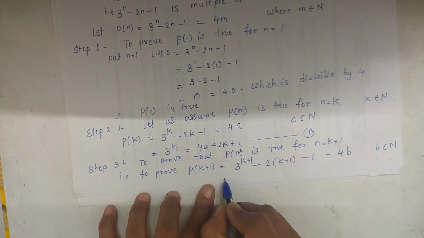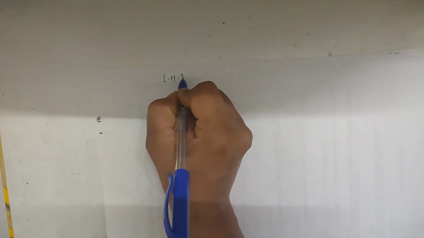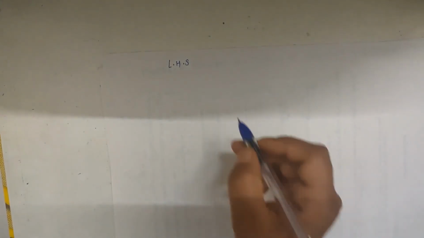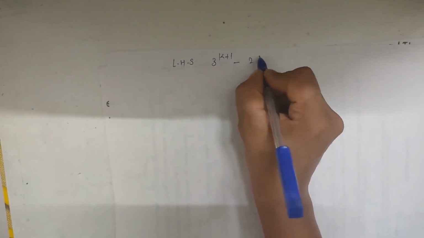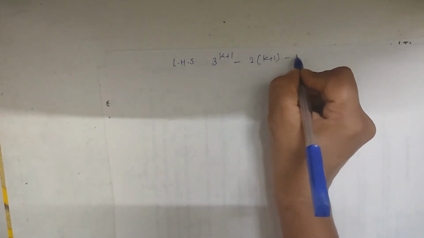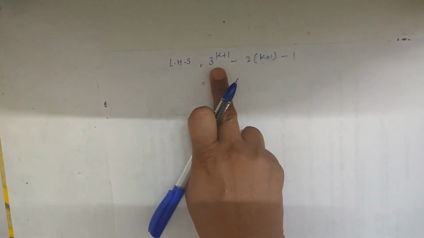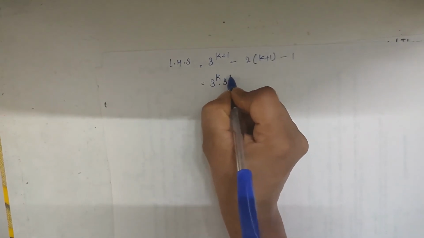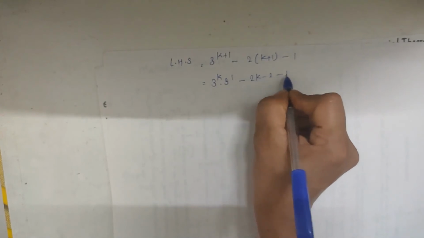So here consider the LHS of the given statement P of k plus 1. The LHS is 3 raised to k plus 1 minus 2 into k plus 1 minus 1. By splitting these terms using the rules of indices, we can write 3 raised to k into 3 raised to 1 minus 2k minus 2 minus 1.